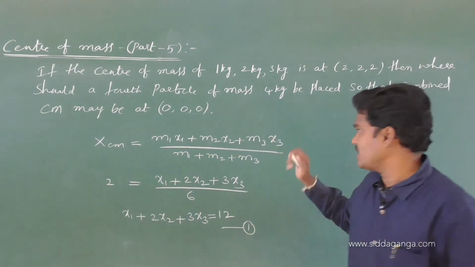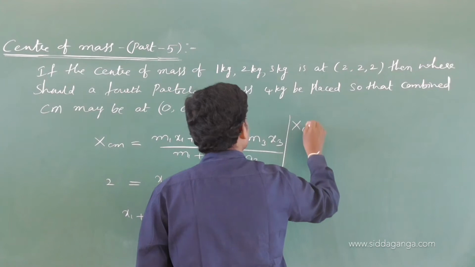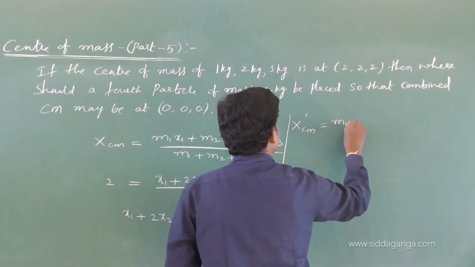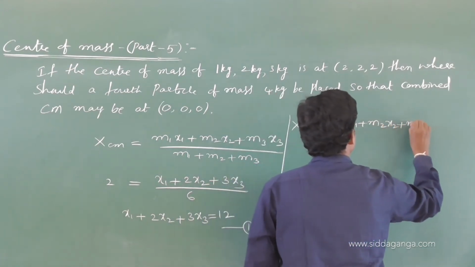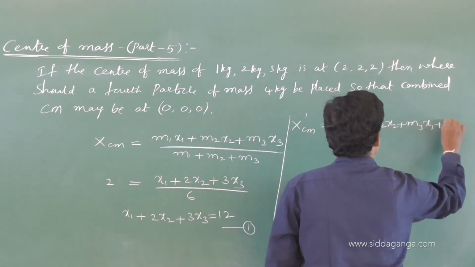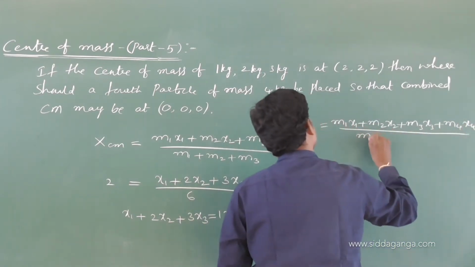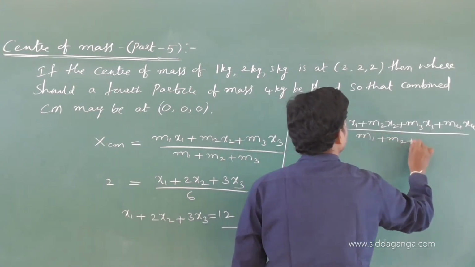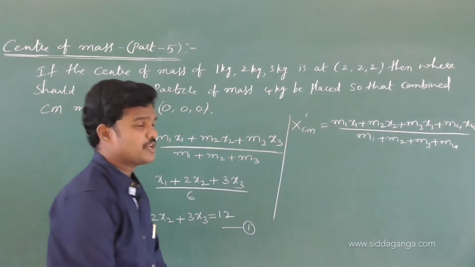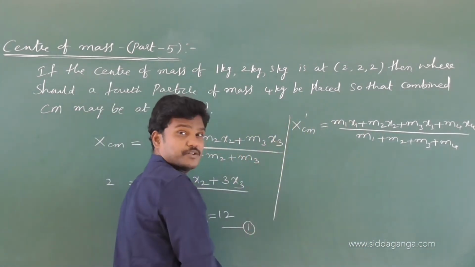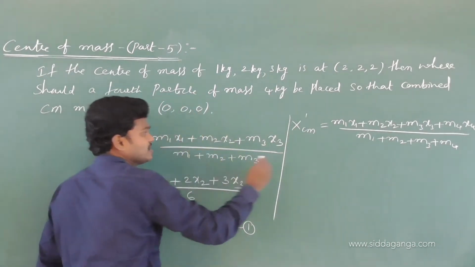If I use the fourth particle, we can write Xcm dash is (m1x1 + m2x2 + m3x3 + m4x4) by (m1 + m2 + m3 + m4). And what is this Xcm dash? The new center of mass is 0. This is Xcm dash, Ycm dash, Zcm dash.